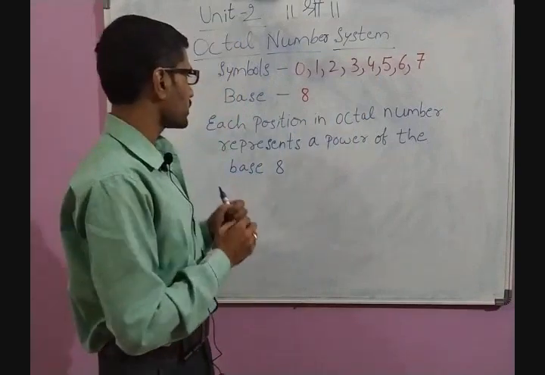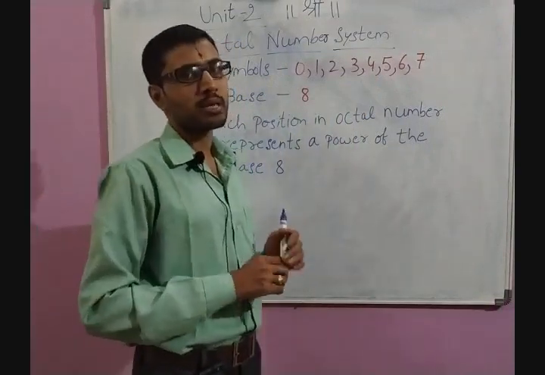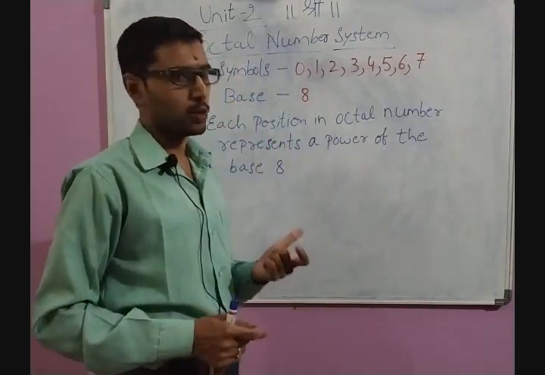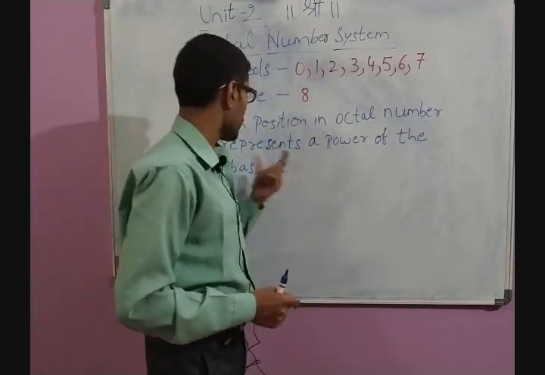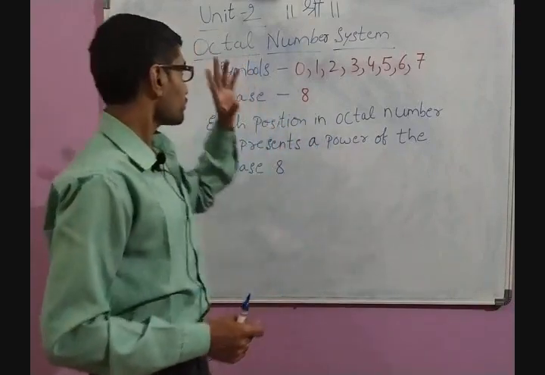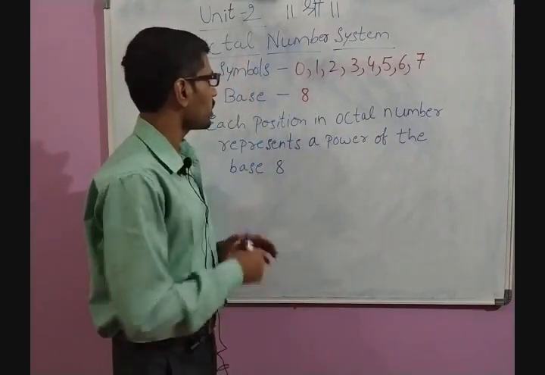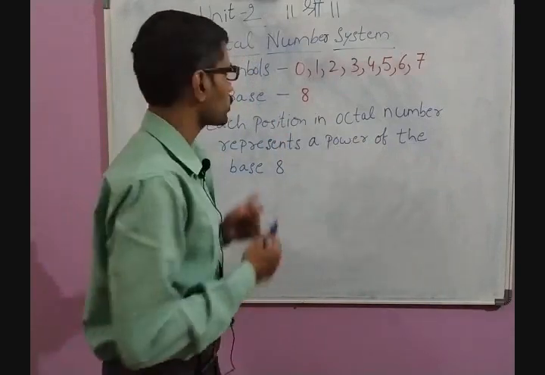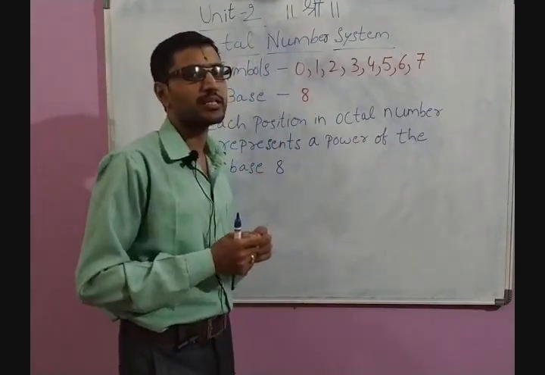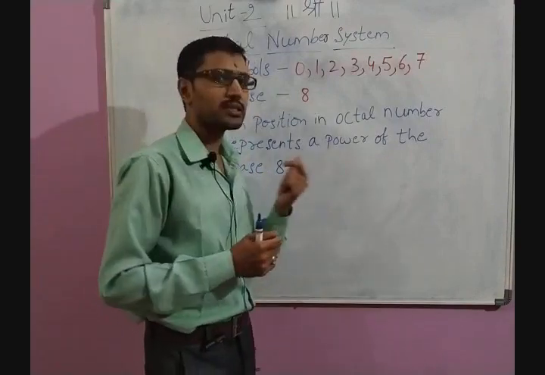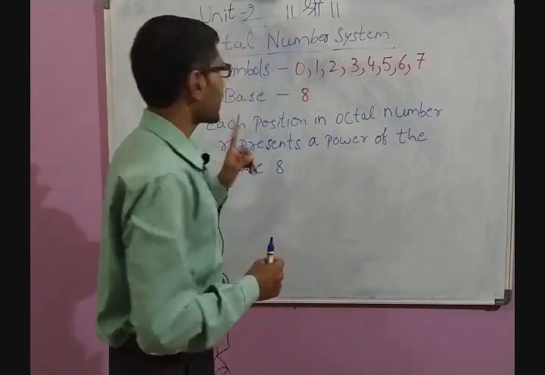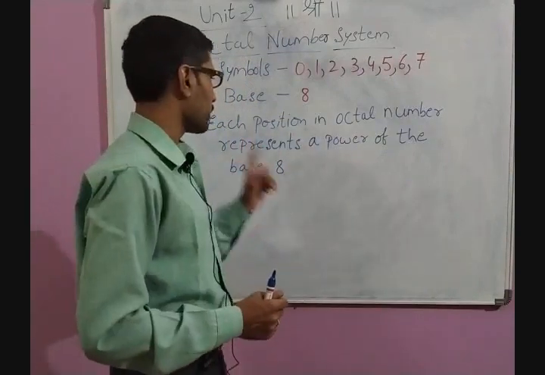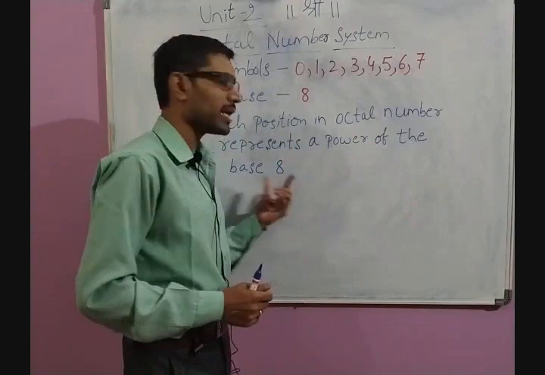Now, as we discussed in the decimal and binary number systems, we have positional values for each individual digit. In binary we have positional values 2 raised to 0, 2 raised to 1 and so on. In decimal we had powers of base 10. Similarly, in the octal number system, each position represents a power of the base 8.